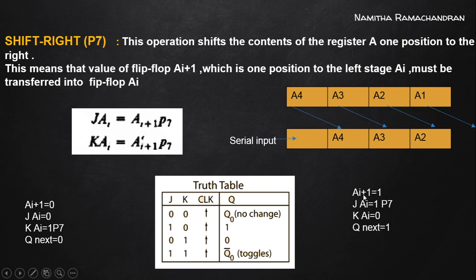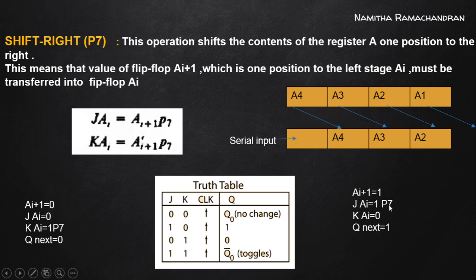One more example. Suppose in the previous state, the I plus 1th position holds the value 1. So in this expression, JAI is 1 and P7, and KAI is the complement of this state value, that is 1 complement is 0, and 0 and P7 is 0 itself. This shift operation takes place only when the P7 value equals 1.